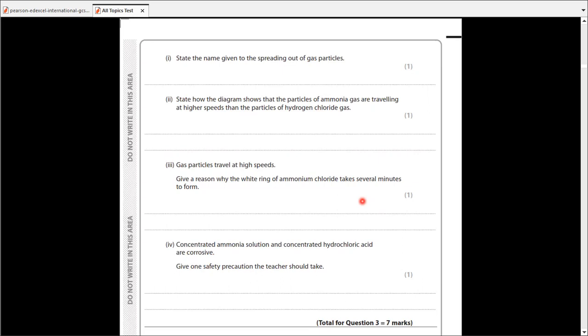Several minutes to form. High speeds. Would it be because ammonia isn't very reactive, so it would take longer? No, it's not that. It's about the gas and its motion.